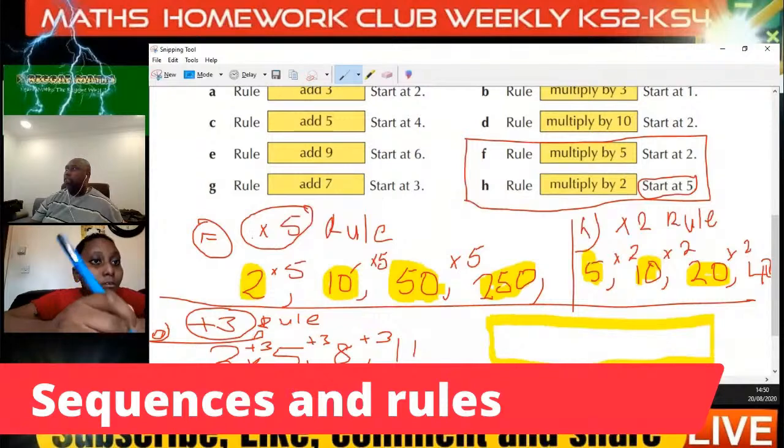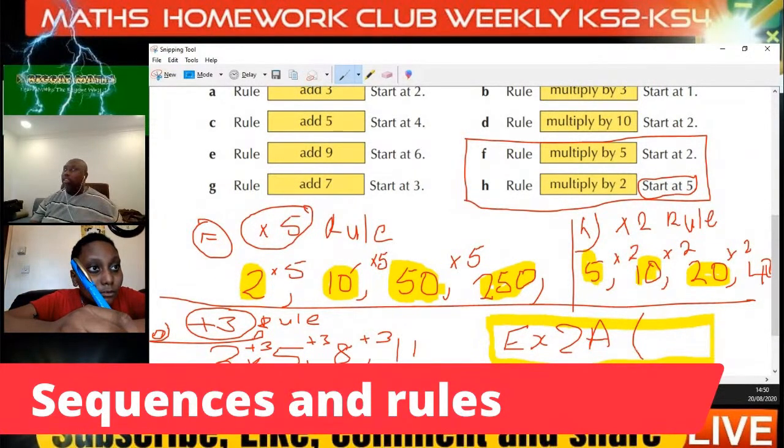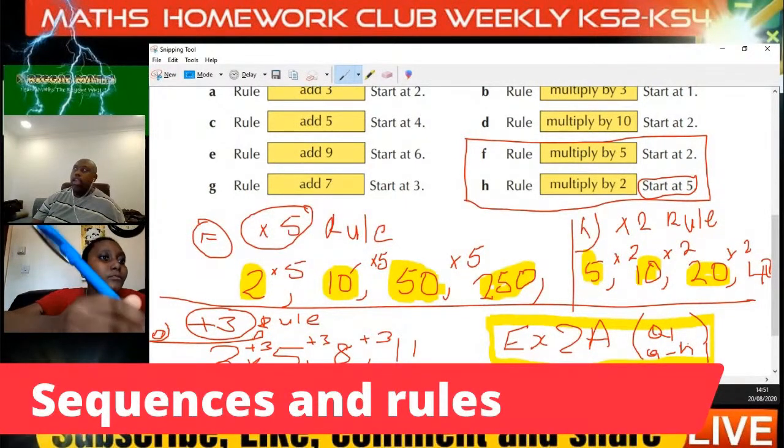So, exercise 2A, which is all of question 1, A to H. We're going to complete all of that. Can you copy that down, please?